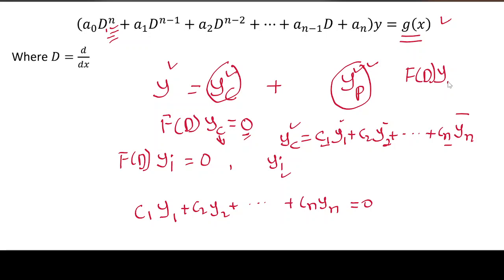And in the non-homogeneous case, g of x is not equal to 0. When we have a homogeneous differential equation, the general solution will contain only the complementary function and not any particular integral. And when it is a non-homogeneous equation, we will get both the complementary function and the particular integral in the solution. That's it about the solution of differential equation.